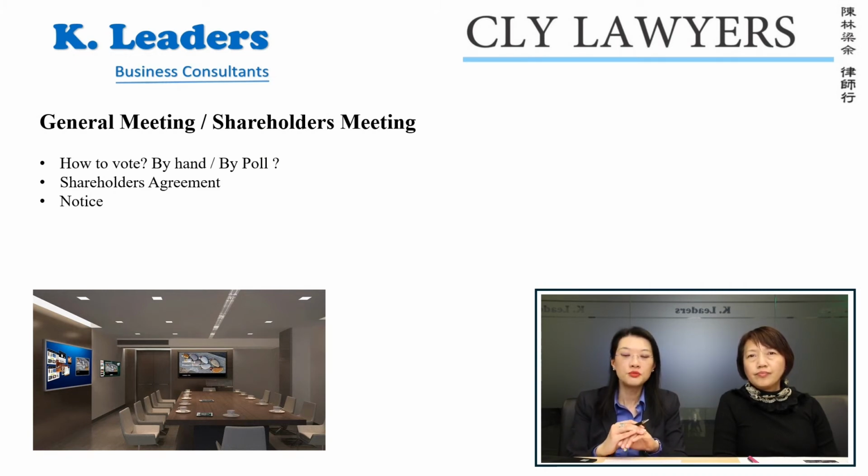So it's actually, to me, quite important that shareholders meetings are validly convened. Sometimes notices are not properly given. So what does it mean by that?